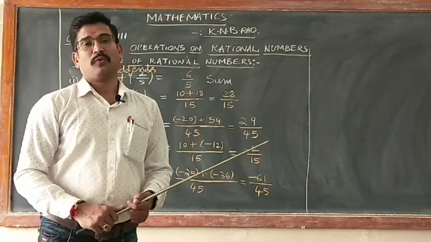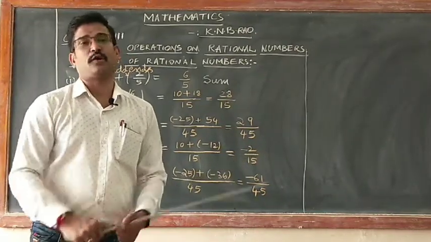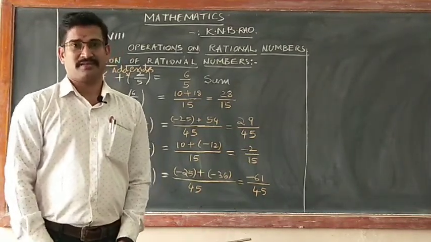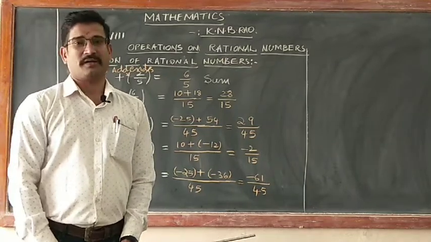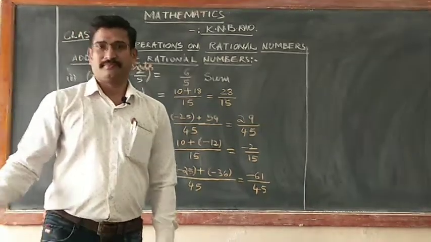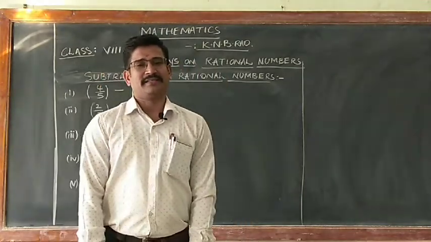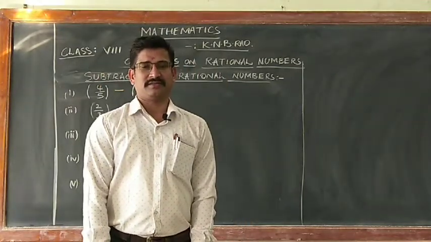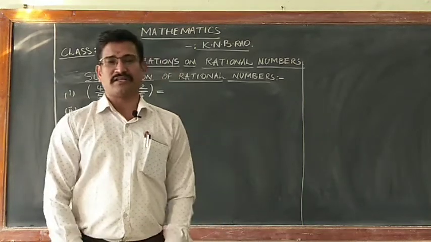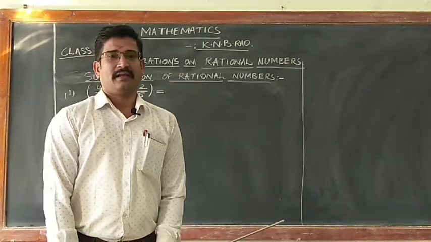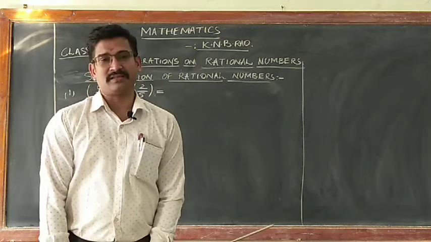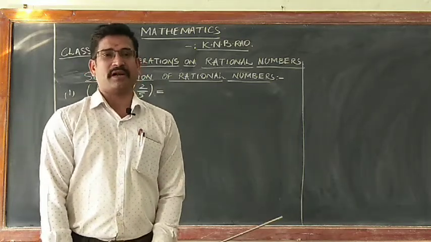Okay children, now we will take another operation on rational numbers, that is the subtraction operation. Students, now we are going to learn subtraction of any two rational numbers, and what the terminologies related to subtraction are.